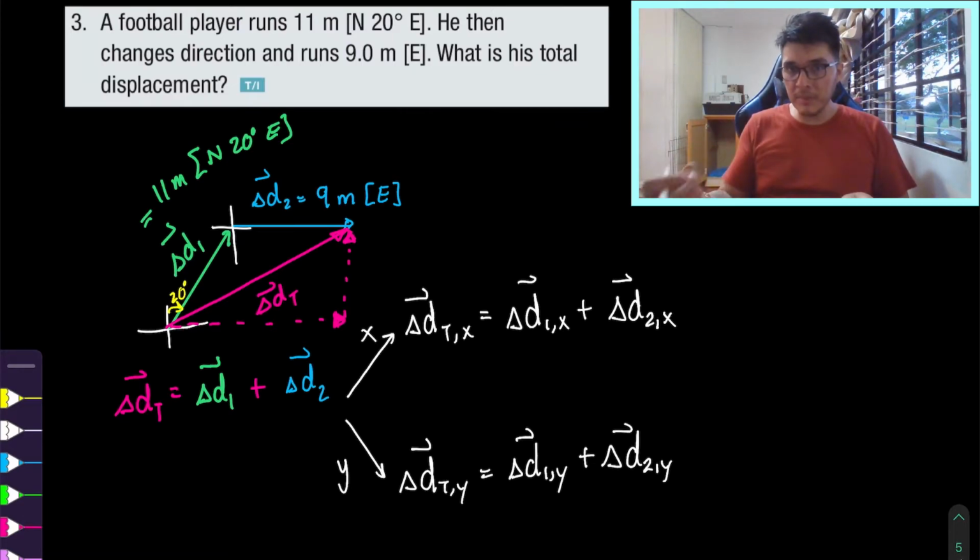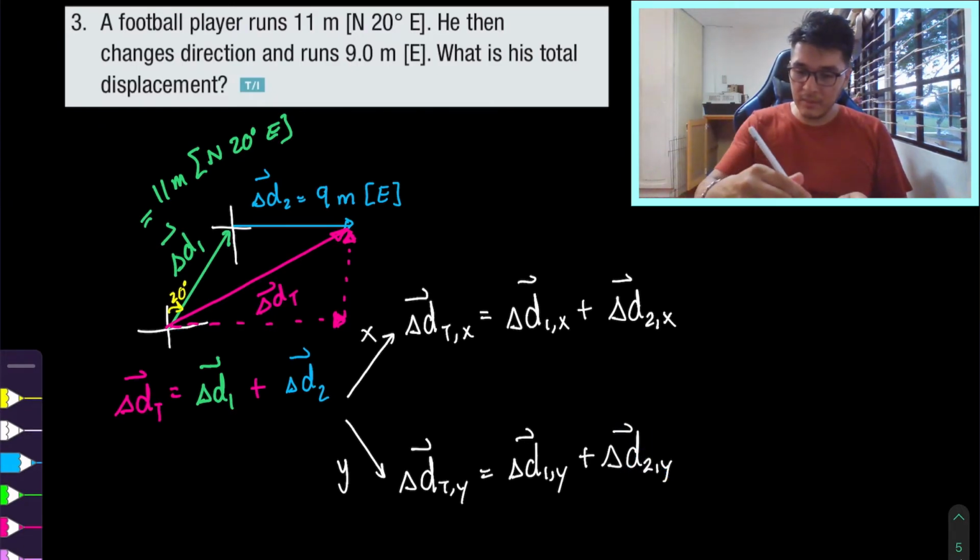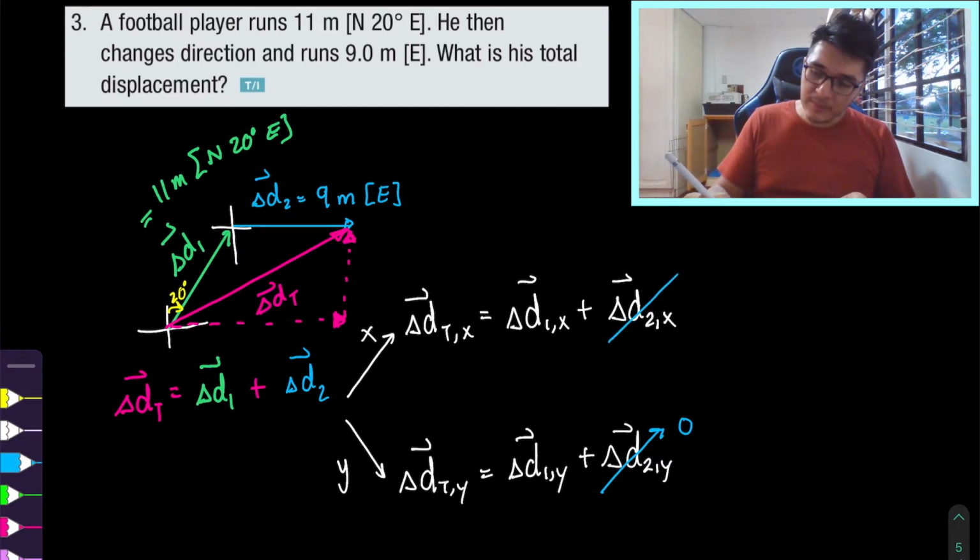So let me show you what I mean in this diagram a little bit more. What we just said is our second displacement vector actually doesn't have a y component because it only points east. So there's nothing going along the y. So that's why here this part goes to 0. And the total displacement along the x is actually equal to the delta d2 itself.